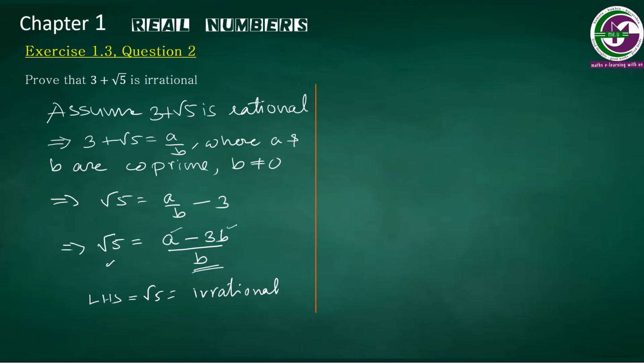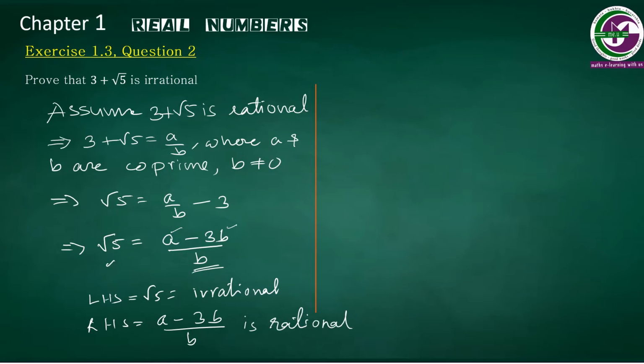The operations mean the basic four: addition, multiplication, division, subtraction, with the condition that the denominator is not equal to 0. So a minus 3b divided by b is rational.